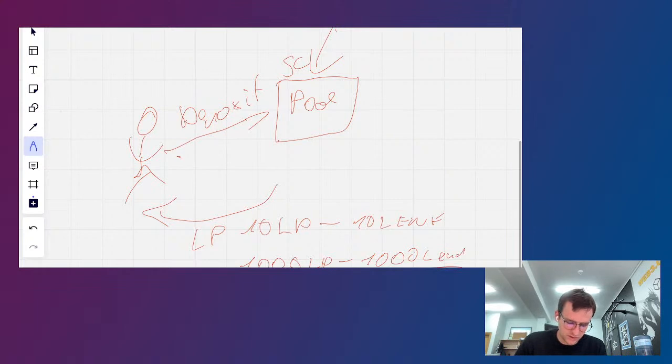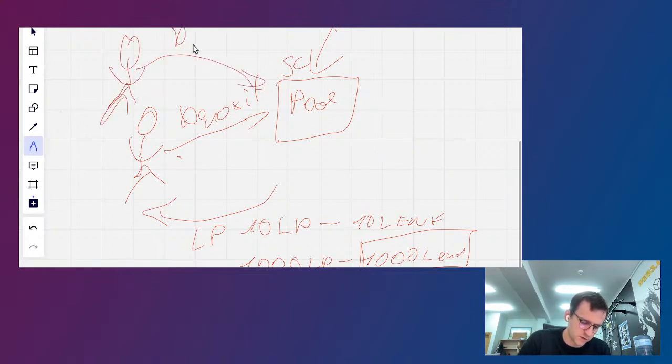So having 10 LP tokens, or having 1% of the LP tokens, means you have 1% of the total pool. So these LP tokens help to figure out what the share of the pool is for the lender. And there can be many lenders who are depositing to the pool.